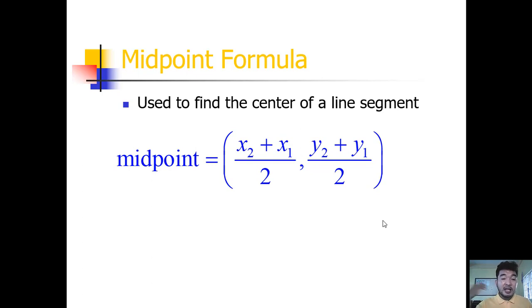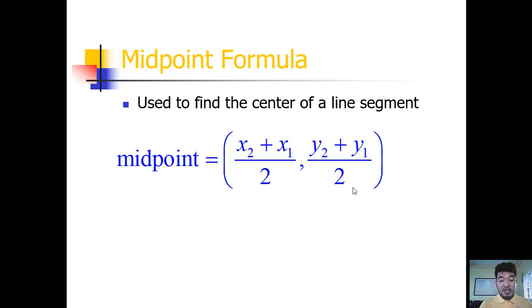And the formula in solving for the midpoint of 2 points, or finding the midpoint of a line segment, is given as: midpoint is equal to x sub 2 plus x sub 1 divided by 2, y sub 2 plus y sub 1 divided by 2. Since we are looking for midpoint, ang sagot natin dito, point.